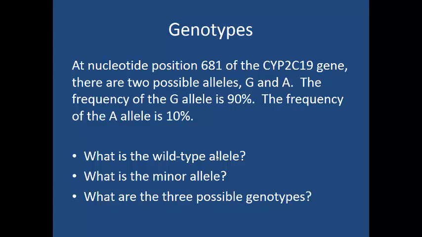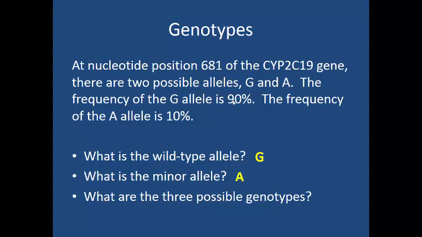So what is the wild type allele? We know that the wild type allele is the most common or the reference allele in the population. In this example, the most common allele is G, because it's in 90% of the population. So what is the minor allele? The minor allele is the other allele, A.